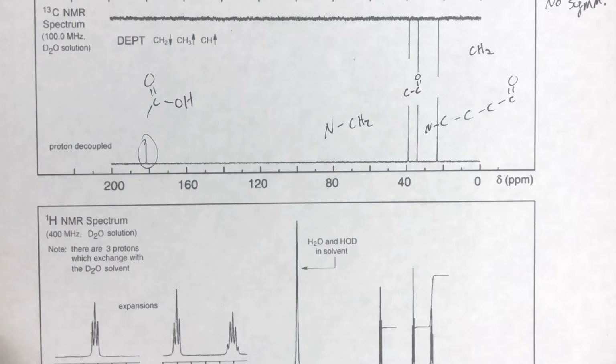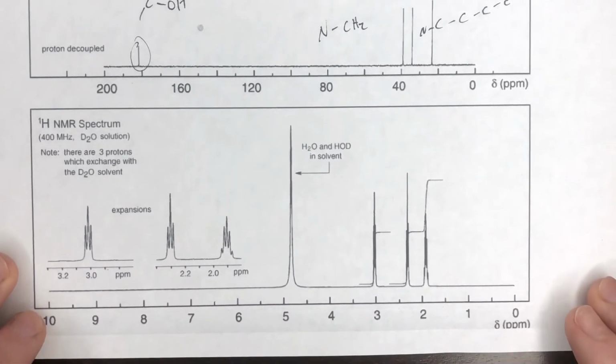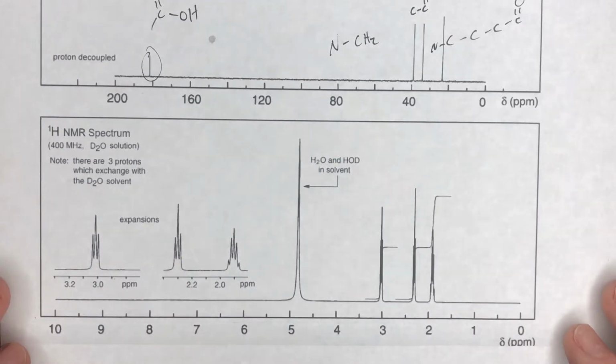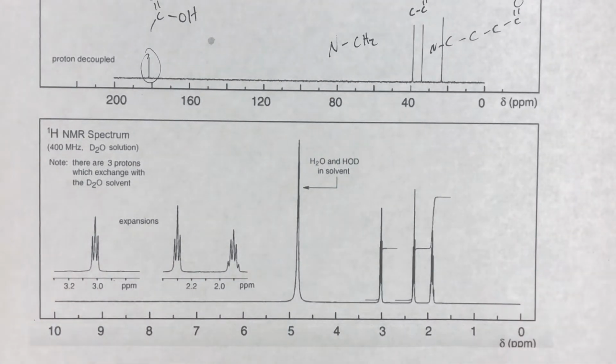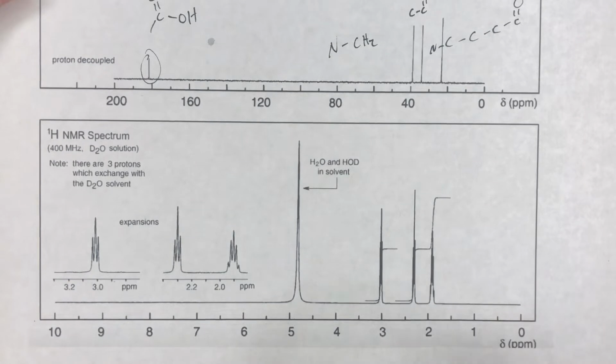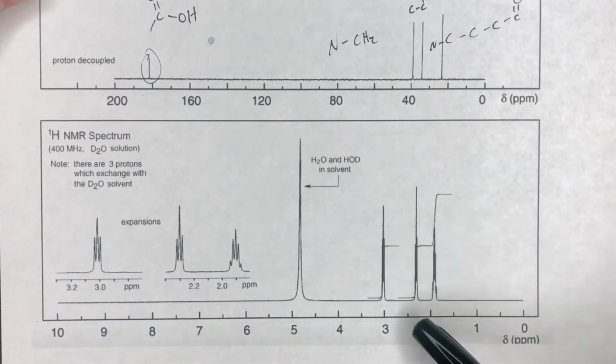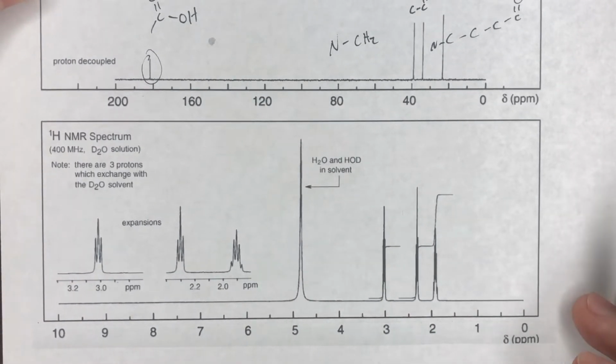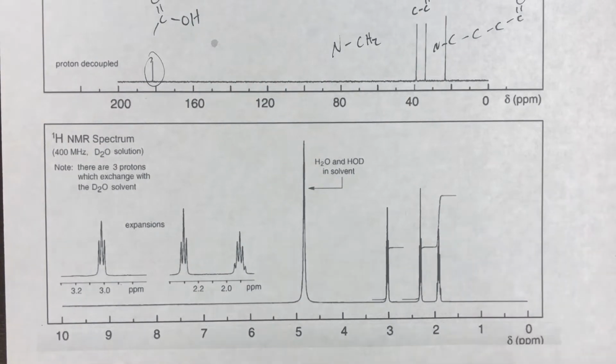So let's move to the proton NMR to see if it corroborates the claims that we've made so far. First thing you want to do here, anytime you have a question like this, they are not telling you the proton integration. They're simply giving you the actual measurements, so you'll have to integrate that to the number of protons yourself.